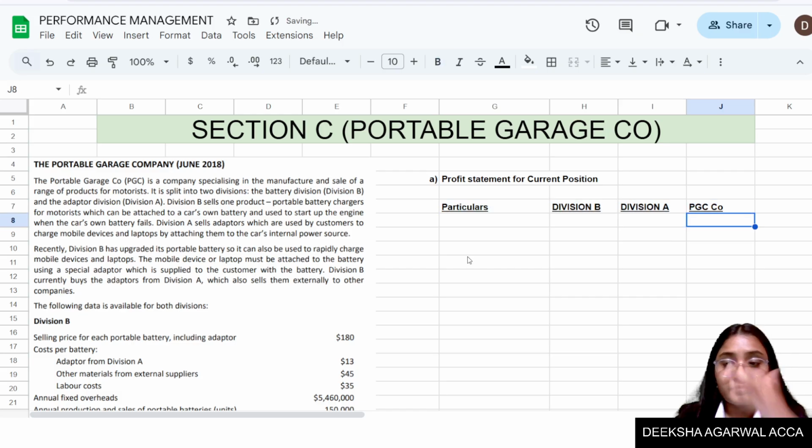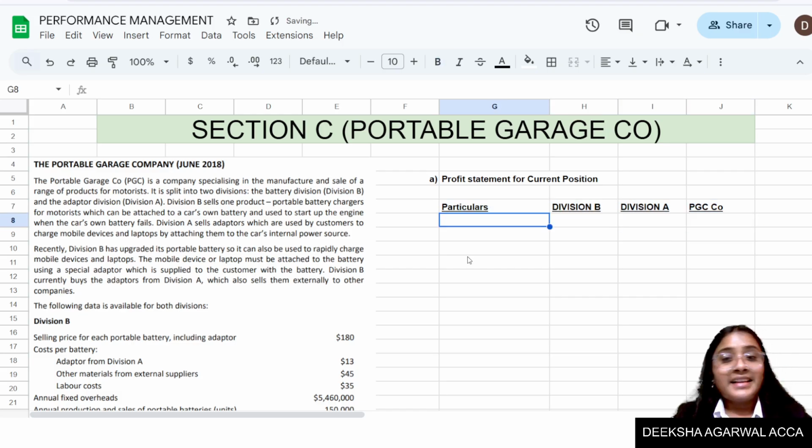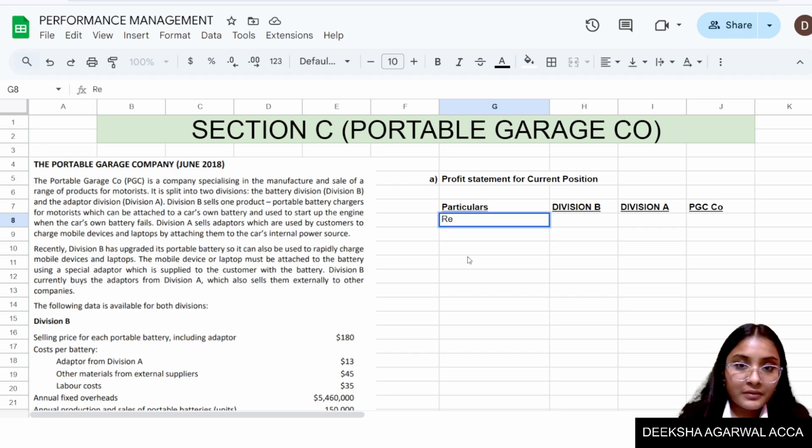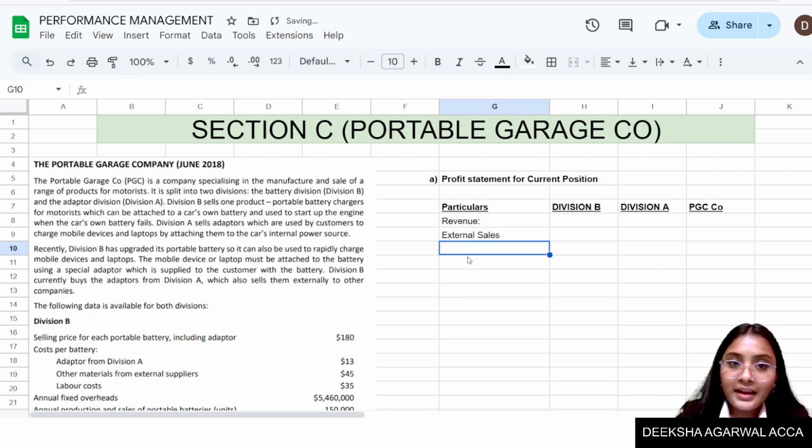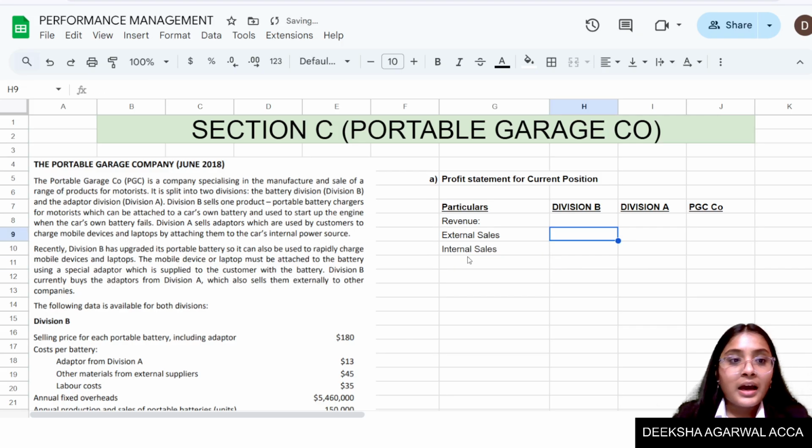Now, let's start from the revenue, sales revenue. External sales and internal transfer. Now, how much? First of all, my division B is buying. Correct.